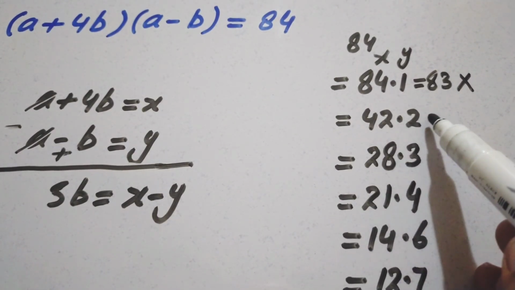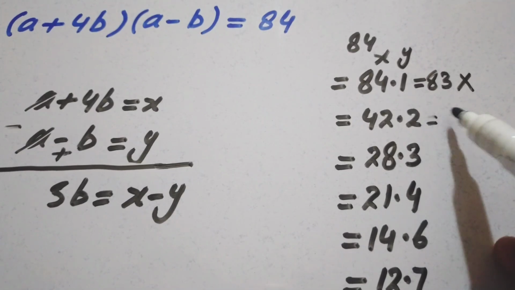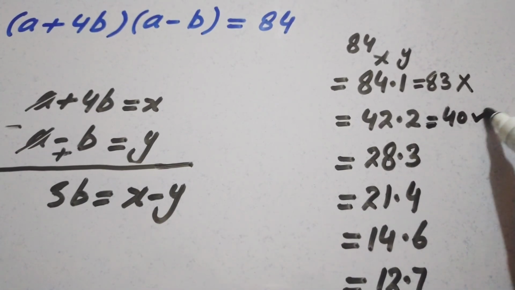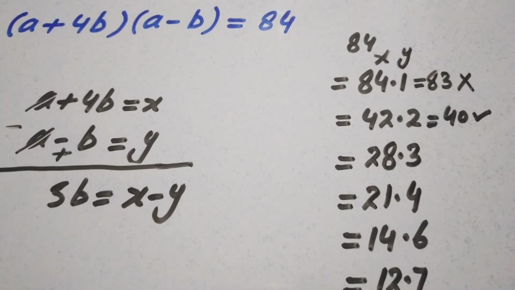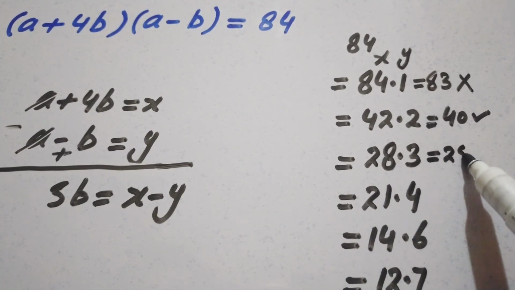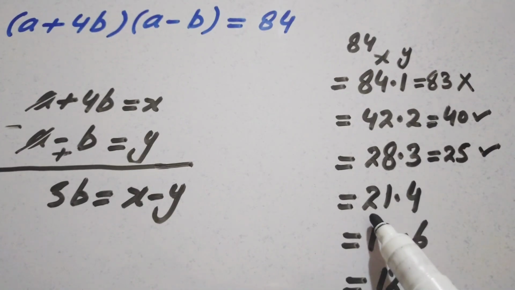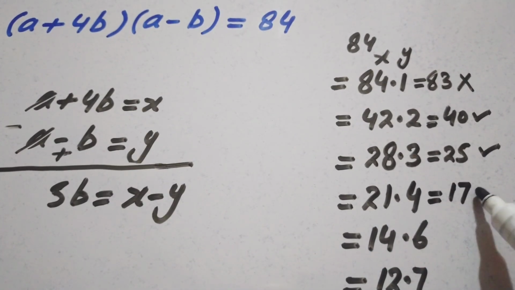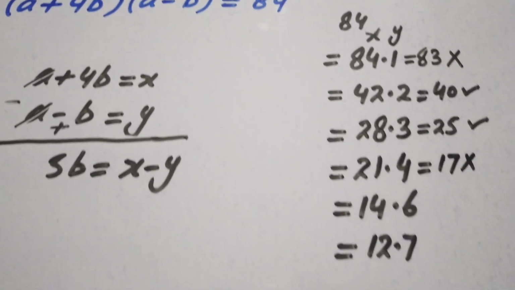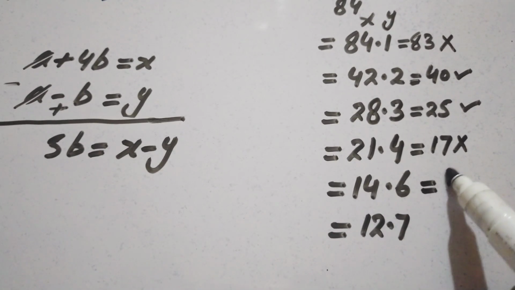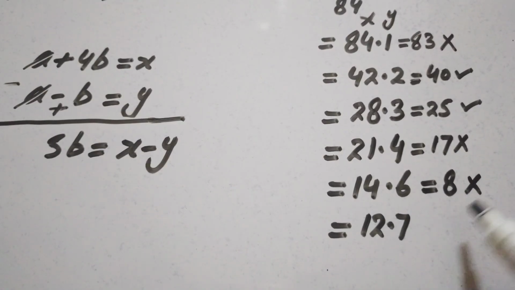Here 42 minus 2 gives us 40, which is a multiple of 5. So this is the first case. Similarly, 28 minus 3 gives us 25. This is also a valid case. 21 minus 4 is 17, so this will be rejected. 14 minus 6 is equal to 8, which is also rejected.